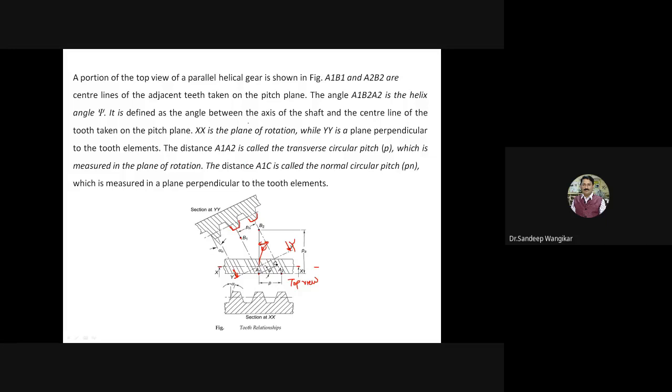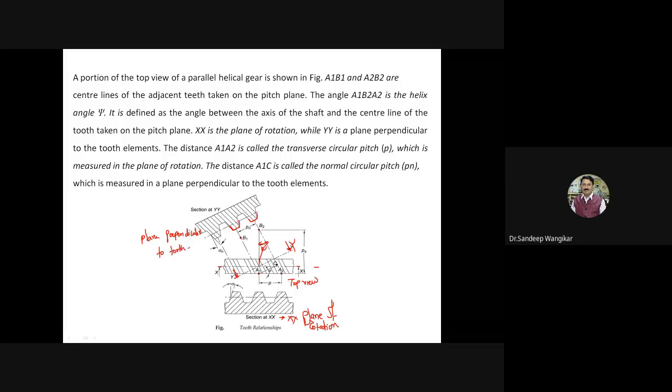X-axis is the plane of rotation, while Y is the plane perpendicular to the tooth element. So X-axis is nothing but the plane of rotation. And what is Y? Y is the plane perpendicular to tooth elements.